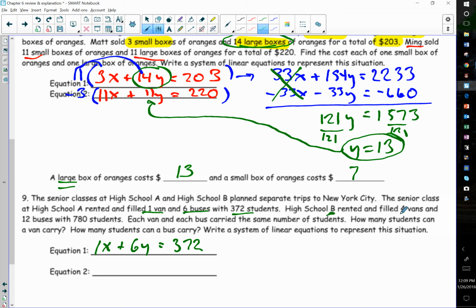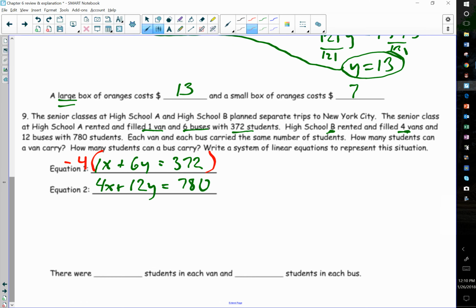High school B filled 4 vans, 4x plus 12 buses, 12y equals 780. Really quick, you could multiply the top equation by -4 and then use that to eliminate. When you're all done, the answer is 18 students in each van, 59 students in each bus.